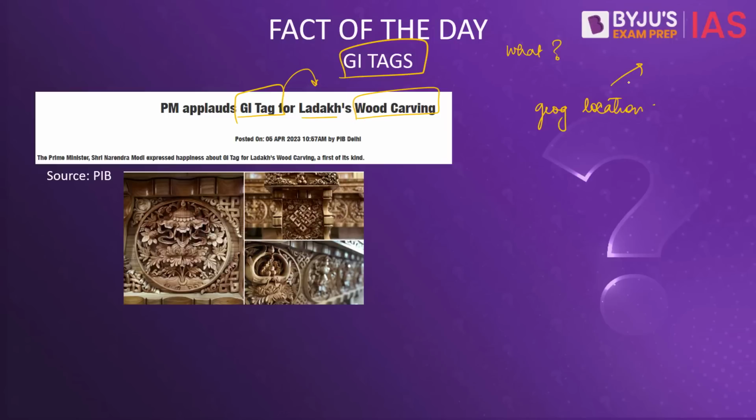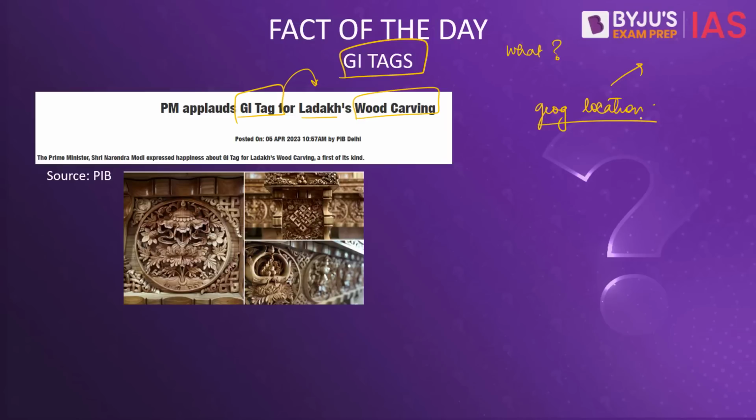If any product has a geographical indication, then this certifies that the product is produced as per traditional methods and has certain specific qualities or a particular reputation because of its geographical origin.